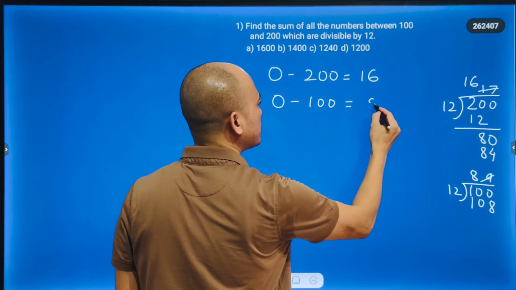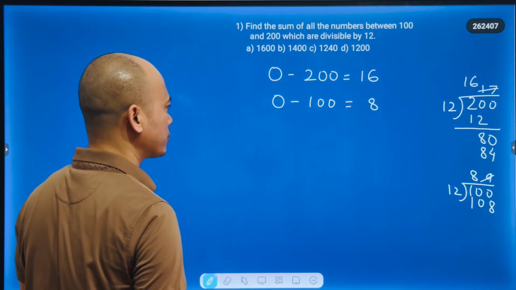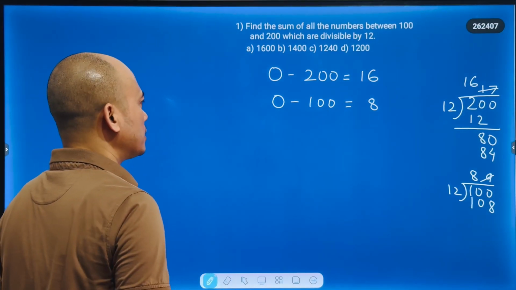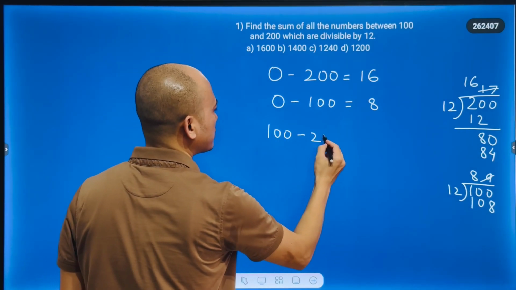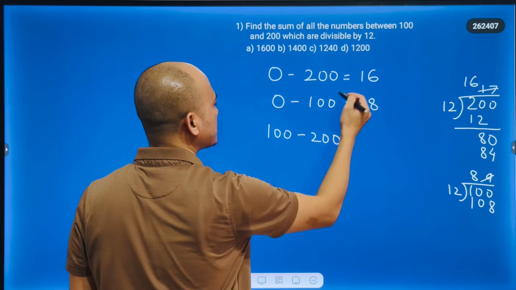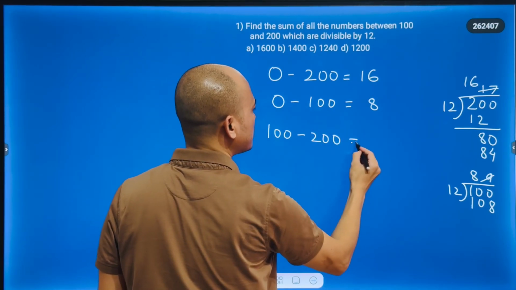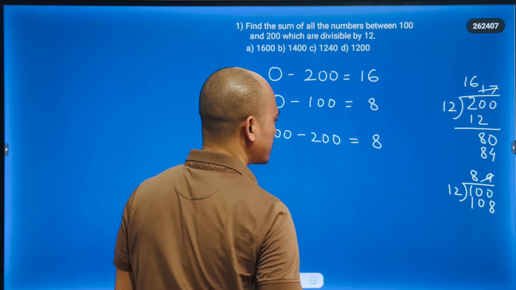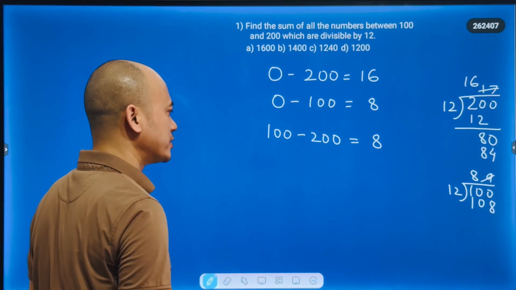There are 8 numbers between 0 and 100 which are divisible by 12. Now 0 to 200 has 16 and 0 to 100 has 8, so if we do 16 minus 8, there are 8 numbers between 100 and 200 which are divisible by 12.